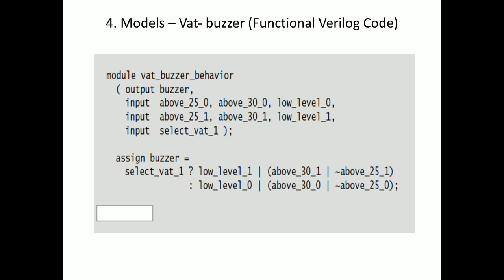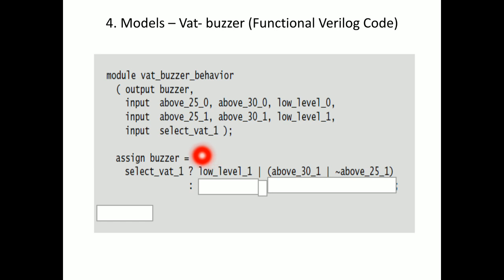I will explain the first part. Whatever you are seeing after the question mark is called the true value. If select is 1, you should get this expression result, which is wake up 1. If you go and see the circuit, it is the output of wake up 1.